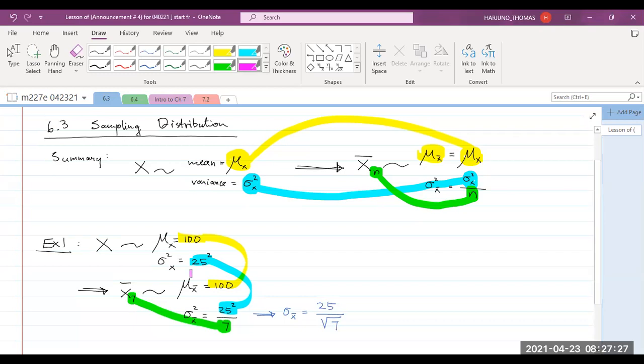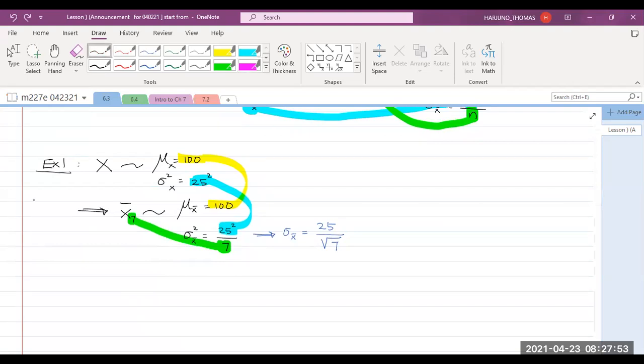Basically, we take the square root from here. If you apply the square root, then the top becomes 25, the bottom becomes square root of 7. And just like that.